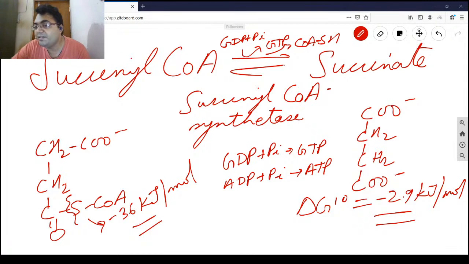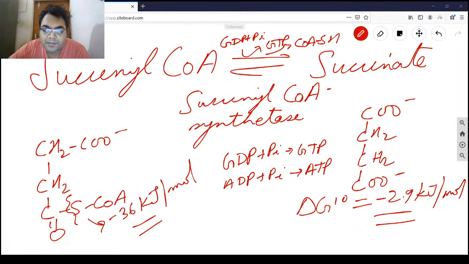Otherwise, GTP would have been used to drive this reaction, or any other reaction, in the forward direction. That then again would have been synthetase. Like you have amino acid tRNA synthetases when we talk about, in class 12, the tRNA charging. That requires one ATP molecule but requires two bond breakages. One is the gamma phosphate and the beta phosphate also.